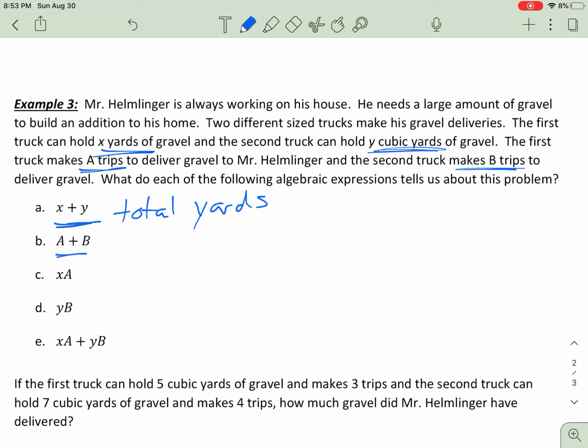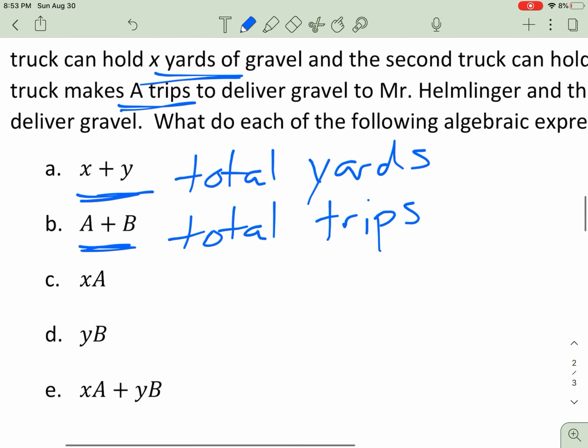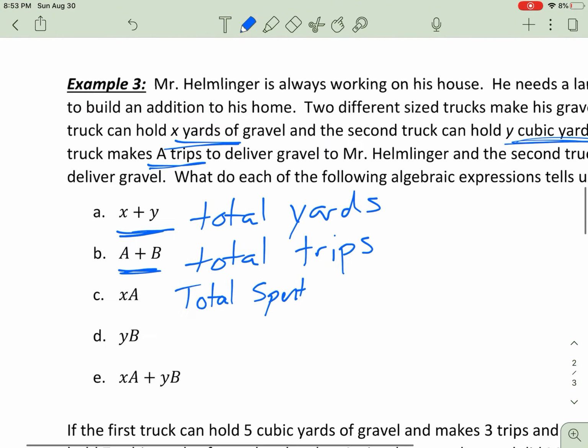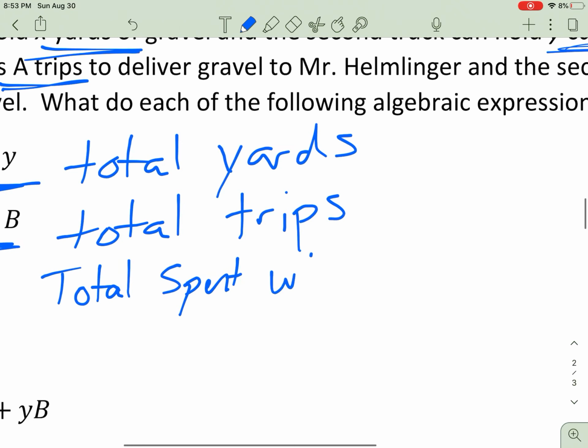A plus B, okay, if A and B both represent the number of trips, so this is the total trips, right, if you include both of them. X times A is the total cost, or total spent, I should say. Total spent with the first truck.